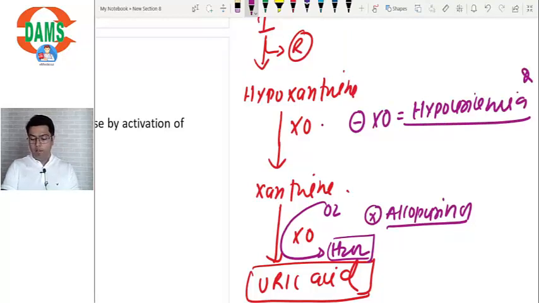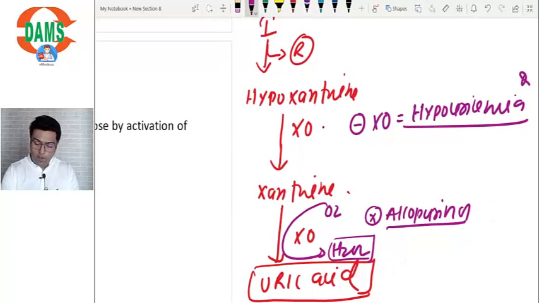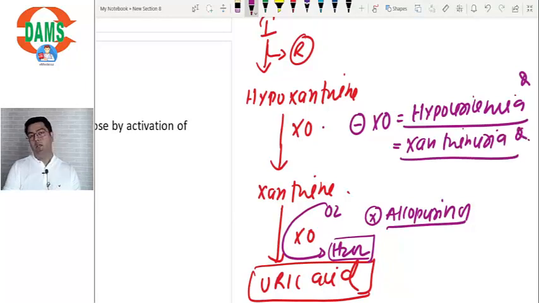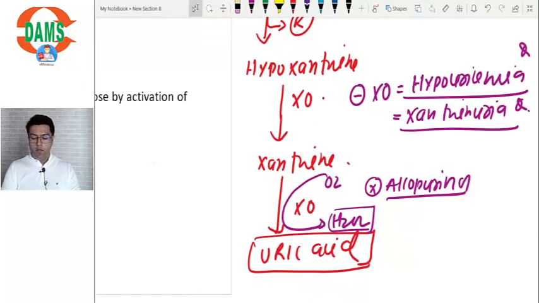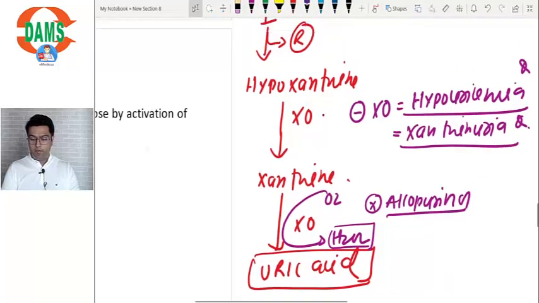Remember that point. And there's one more point: deficiency of xanthine oxidase also presents with xanthinuria, again an MCQ which may be asked in your exams. So low uric acid, less than 2 mg per dl.